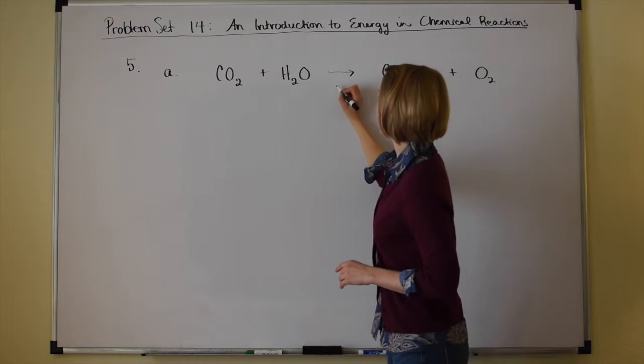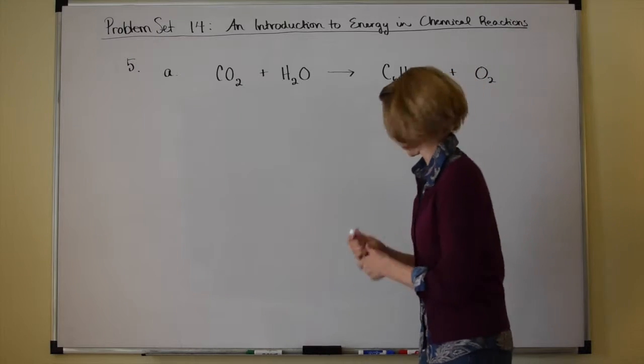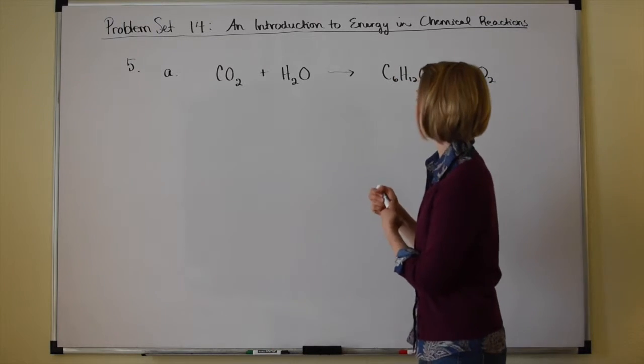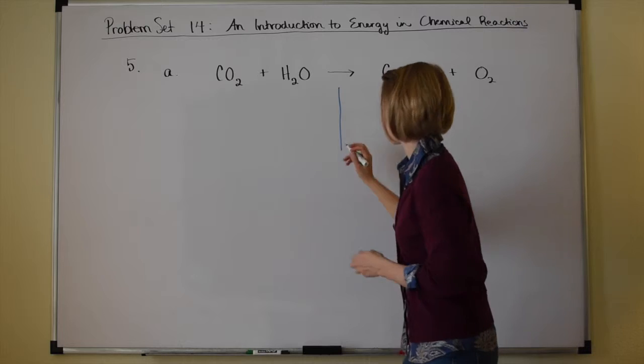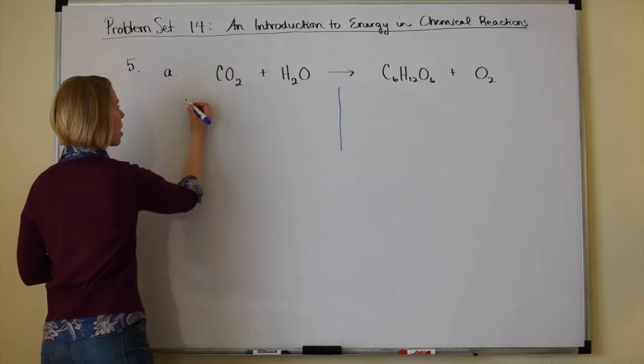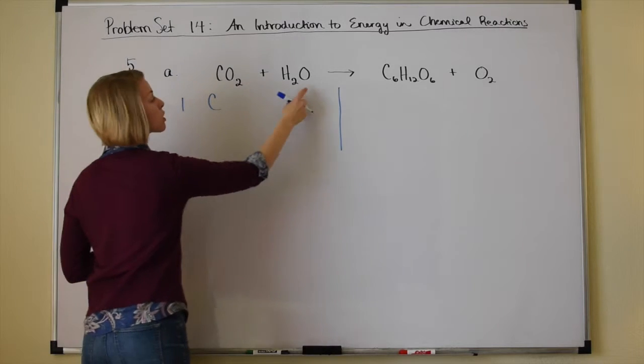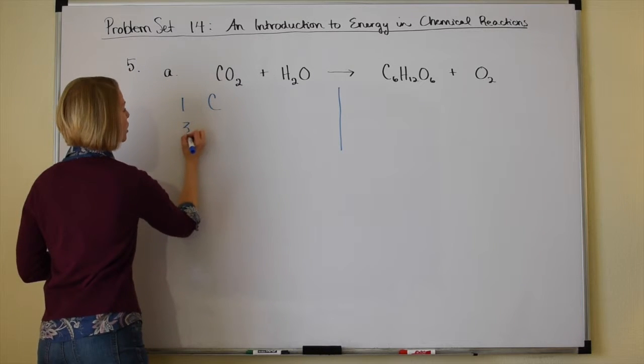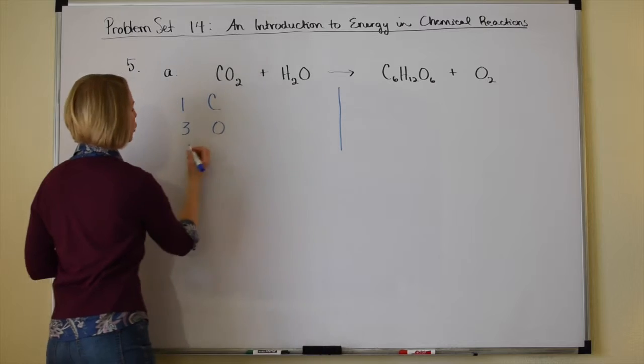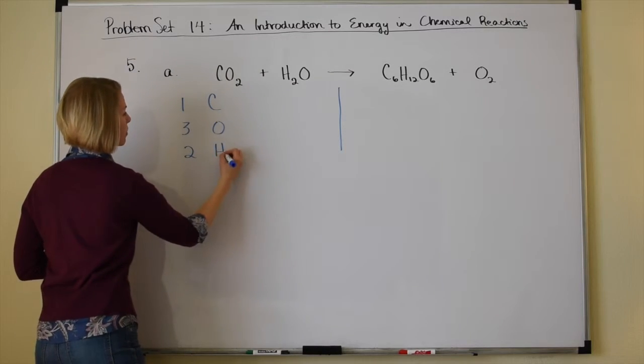And so let's go ahead and draw a line down the middle. Let's do that in blue so we can balance this equation. All right, so on the reactant side we have 1 carbon, we have 2 plus 1, we have 3 oxygen, and we have 2 hydrogen.